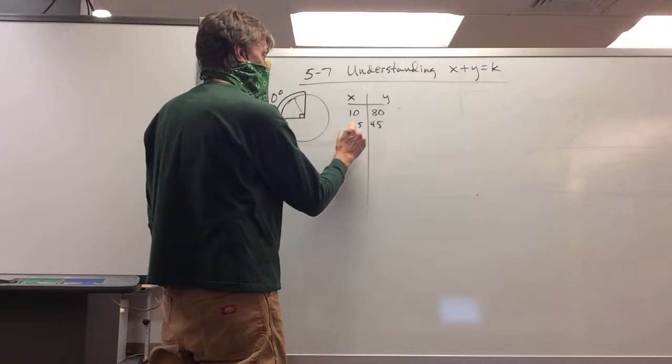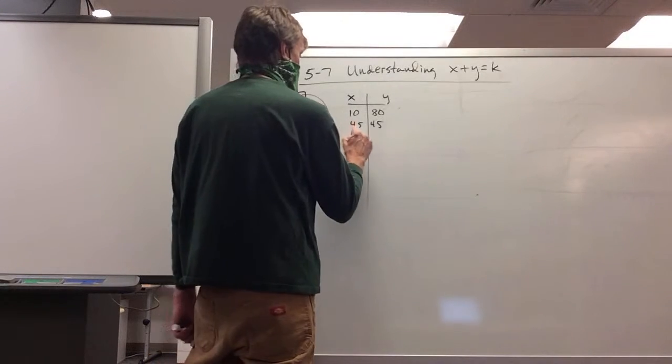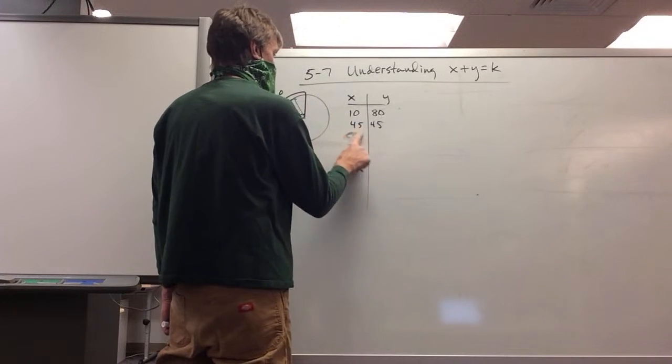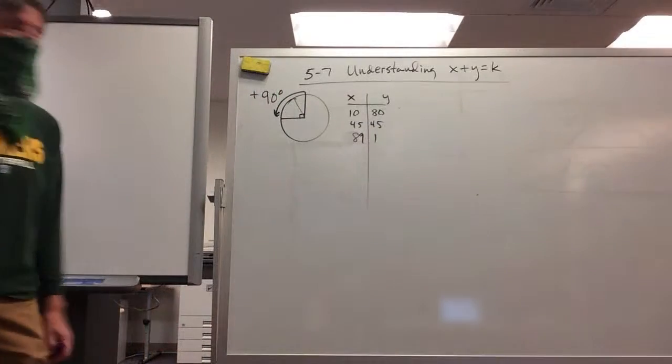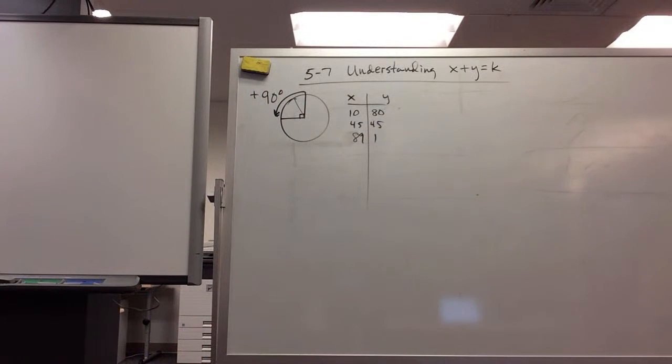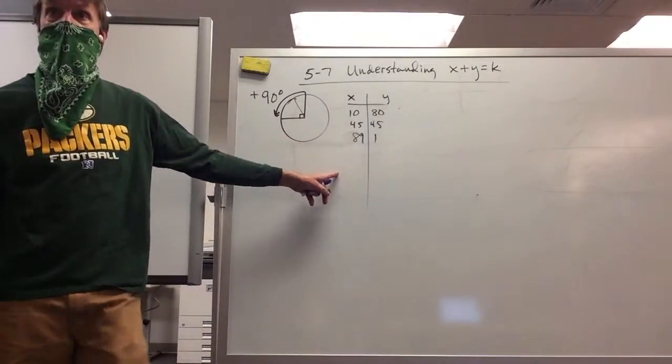Another one. 89 and 1. Could I say 90 and 0? 0 is a zero angle though. We haven't really learned about zero angles, they exist, but let's just leave it with 89 and 1, or 89 and a half and a half. You can put all these together. So there's lots of combinations, right?